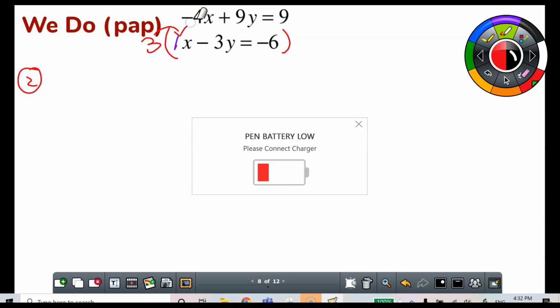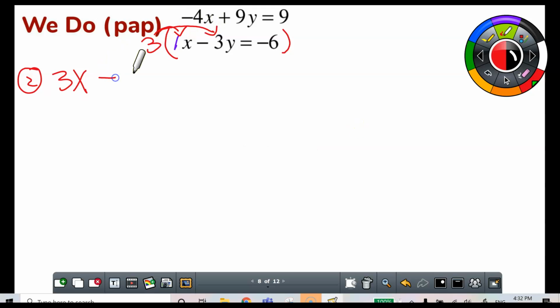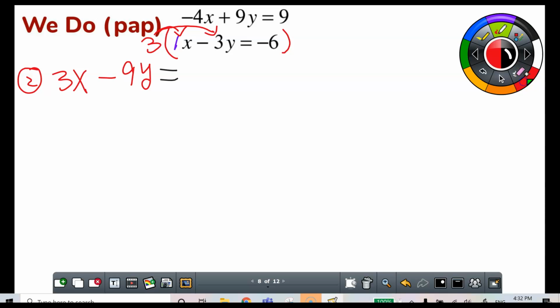So 3 times 1x is 3x. 3 times negative 3y is negative 9y, equal sign. 3 times negative 6 is negative 18. Okay? This is your new second equation.